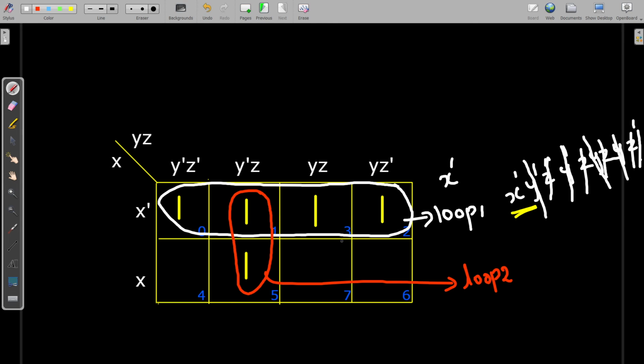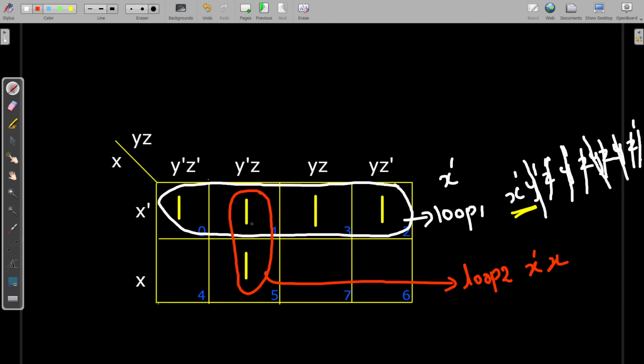Then we go for loop 2. When you consider this loop 2, it covers the first cell and the fifth cell. The first cell corresponds to x dash row-wise, so we mention x dash, and the fifth cell corresponds to x row-wise, so we write it.